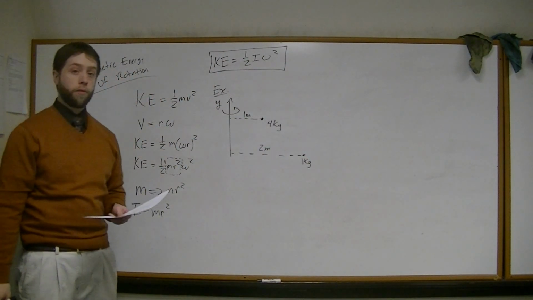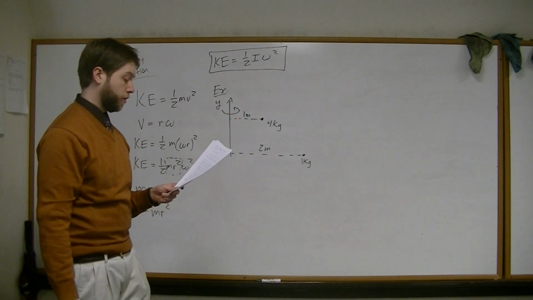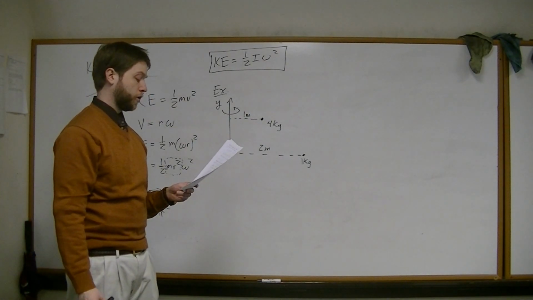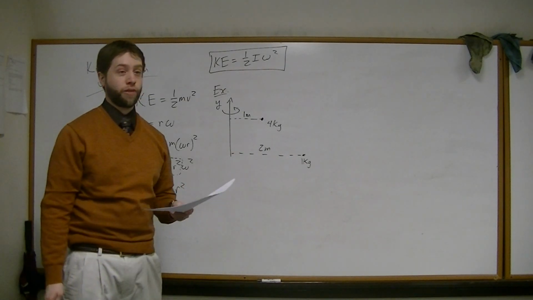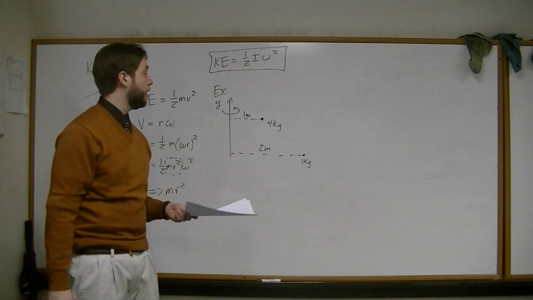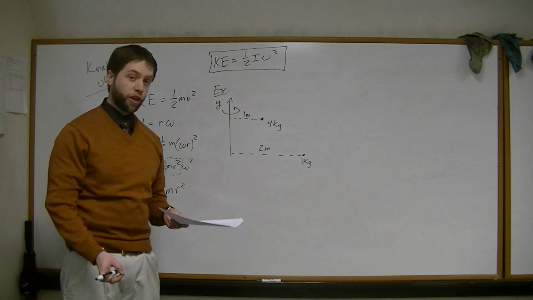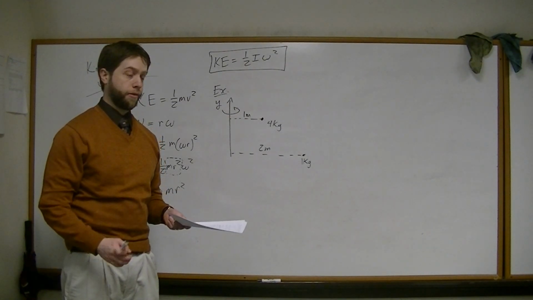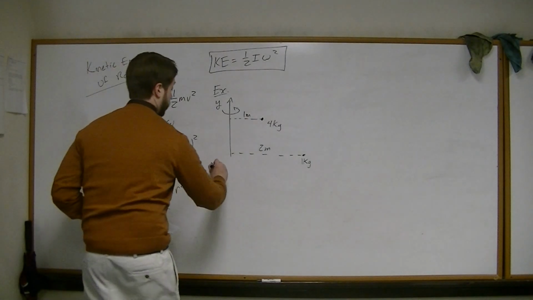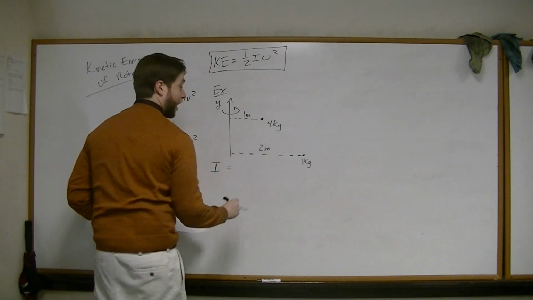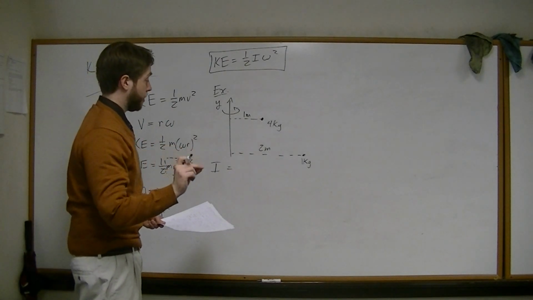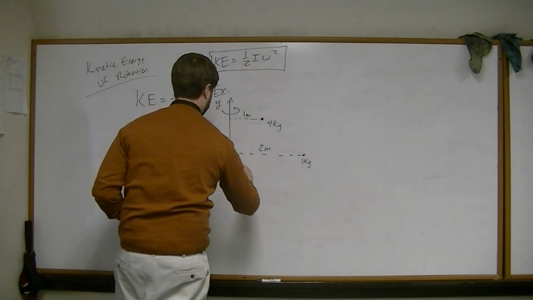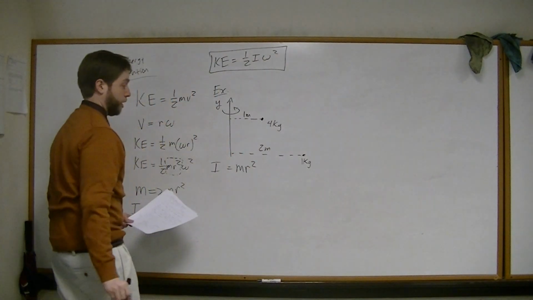And we want to solve for the kinetic energy of rotation, but in order to do that, we've got to get the rotational inertia for each object. So, misspoke a little bit. We want to get the rotational inertia for each object. The rotational inertia equation for a single point in space is mr squared.